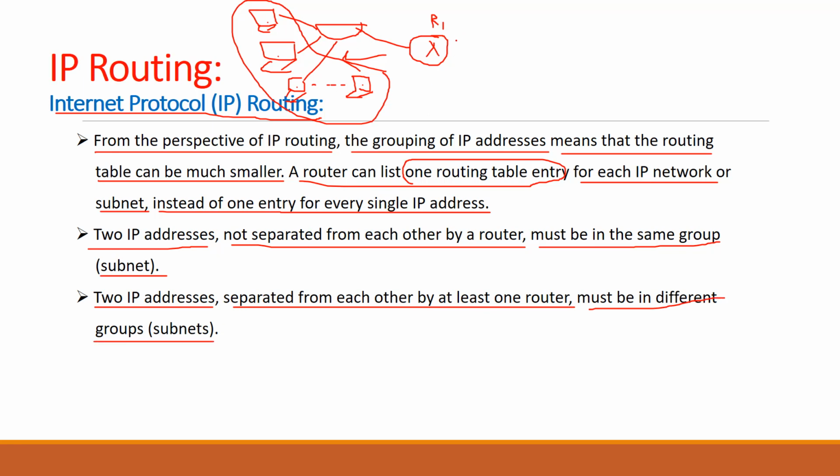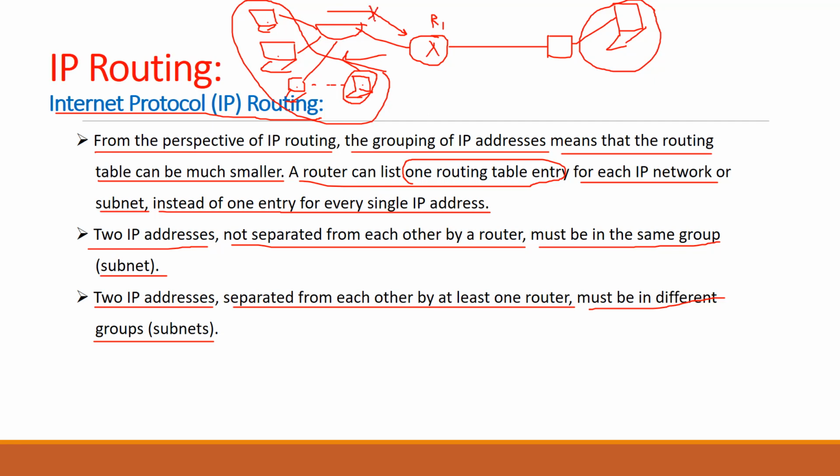Why? Because let's have a switch here and a PC here. If this PC is in the same network as this group, first of all, R1 will not receive that frame, because PC1 will find out that the destination is in the same group, so it will not send it to the default gateway.